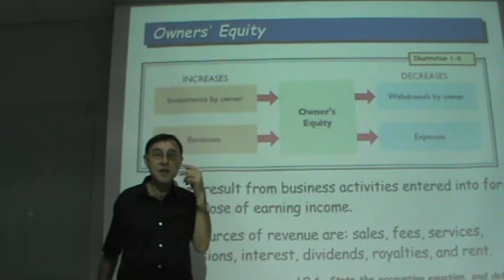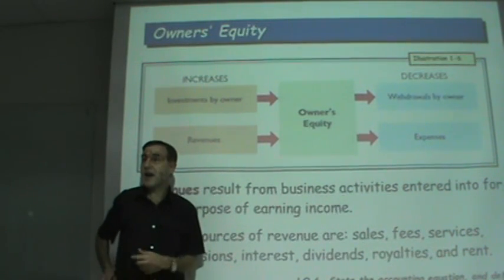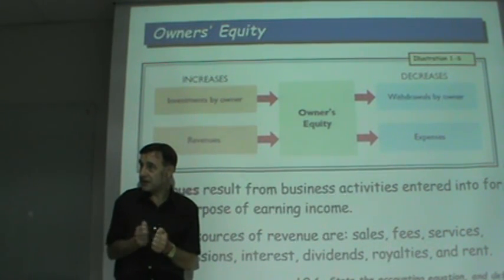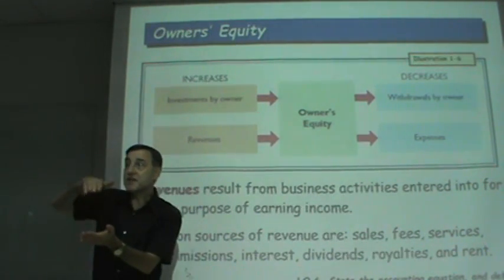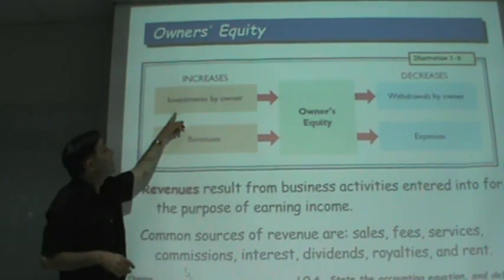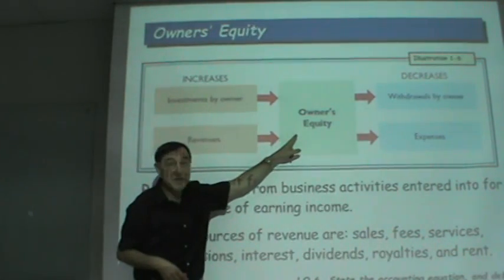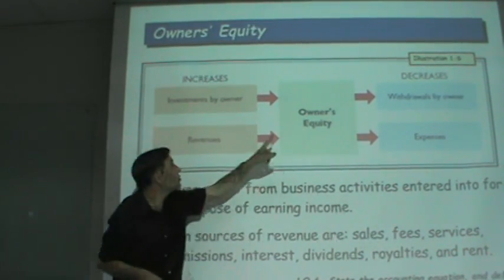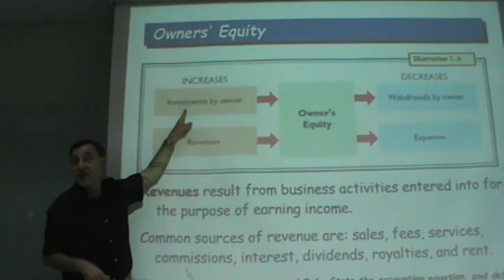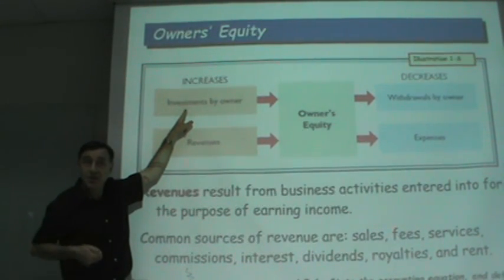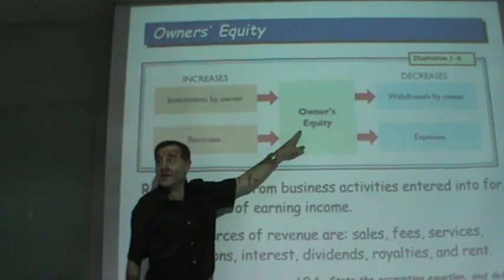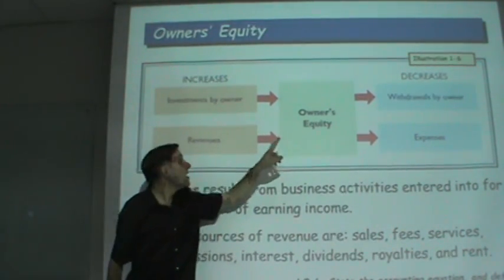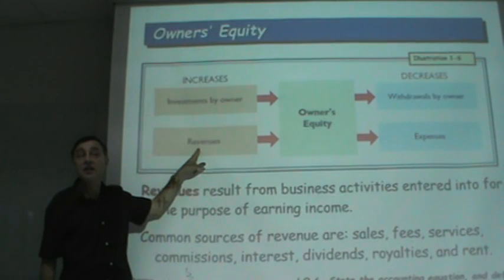So, investment means the owner takes money out of his pocket, 10,000, and puts it in the business. The business equity goes up by 10,000. So, business equity increases when the owners invest money out of their pocket into the business. And owner's equity increases, and here's the other key.